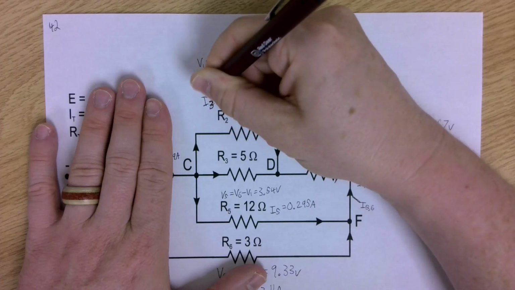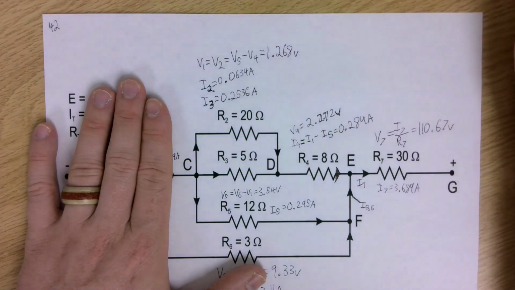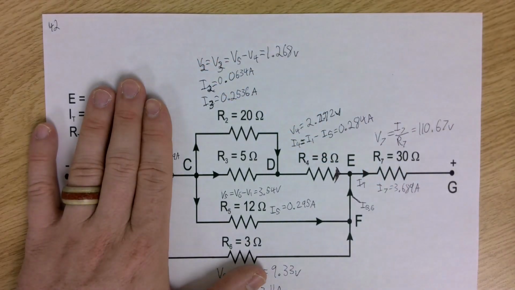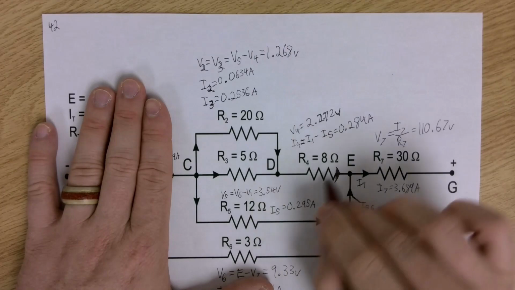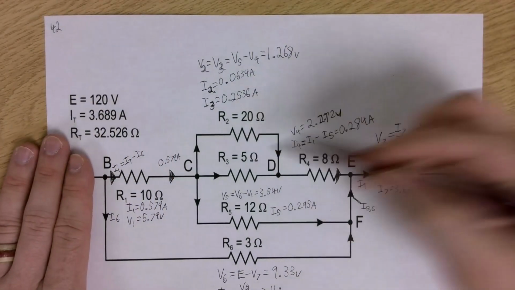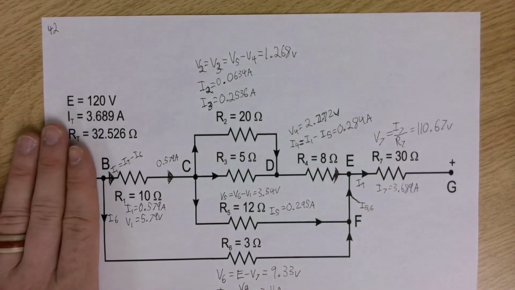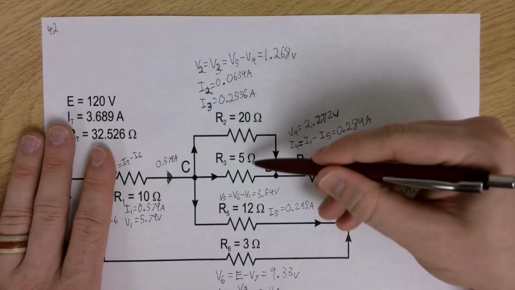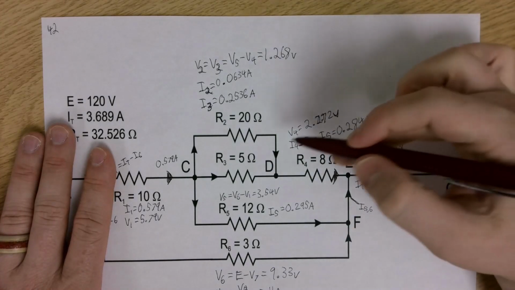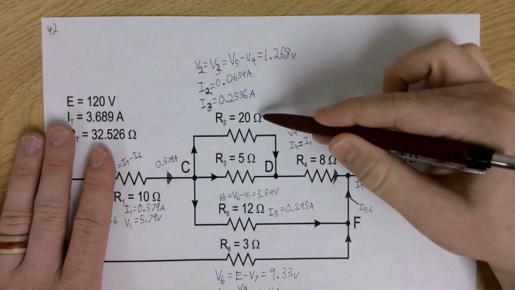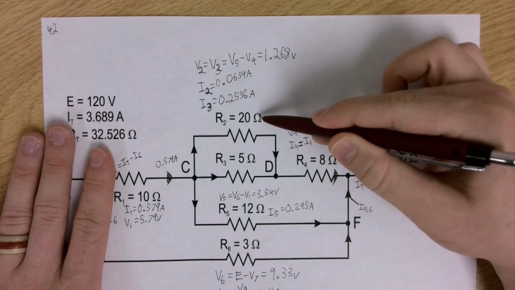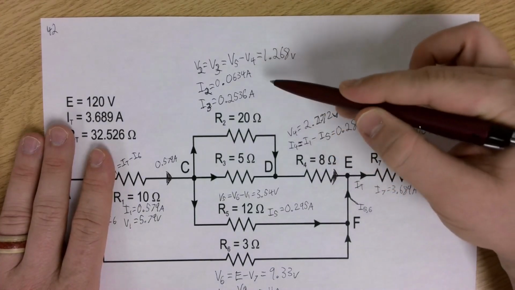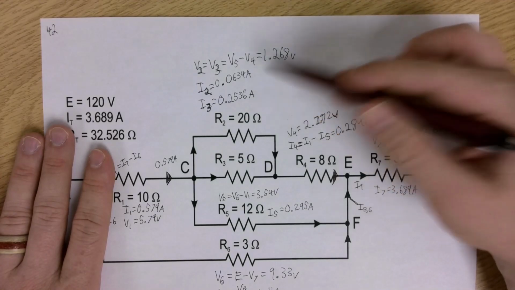Those are labeled wrong, and 1 is back here. Anyway, we see that resistor 2 is 20 ohms, resistor 3 is 5 ohms. So we would expect a smaller current value at R2. And we also just proved that mathematically. It has a much smaller current, even though they're both quite small amounts of current.